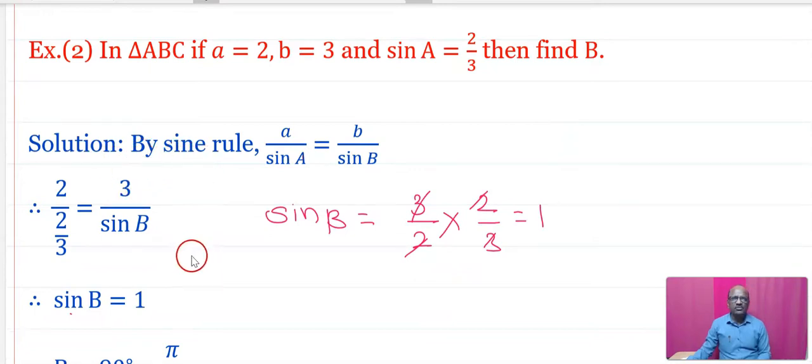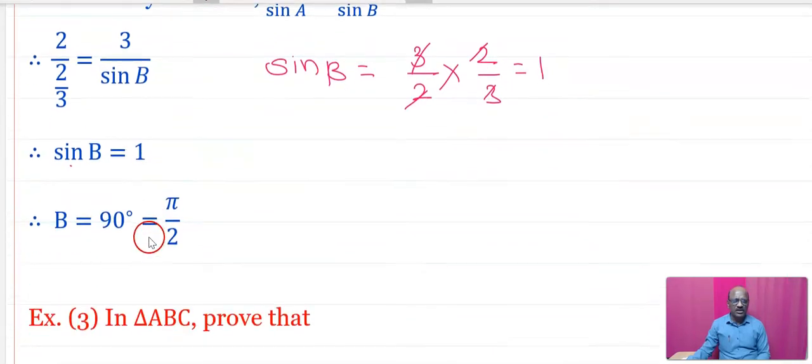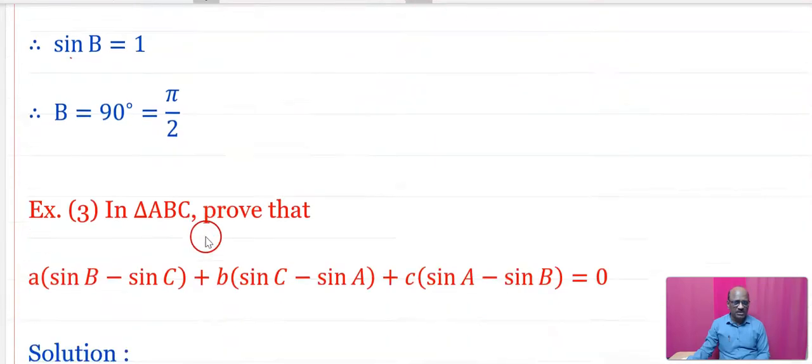By the sine rule, we have a upon sine A is equal to b upon sine B. And here, if we substitute the value, then you will get 2 upon, what is the value of sine A? It is 2 by 3, equal to 3 upon sine B. If we make this simplification, sine B is equal to 3 by 2 into 2 by 3, and that's equal to 1. Make the cross multiplication. Sine B is equal to 1, and then you will have B is equal to 90 degree. That is pi by 2.